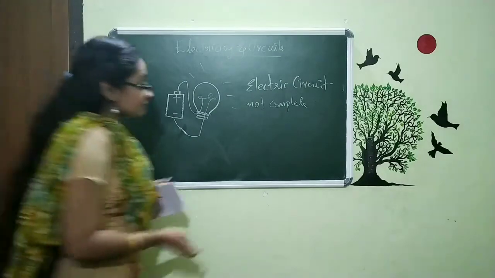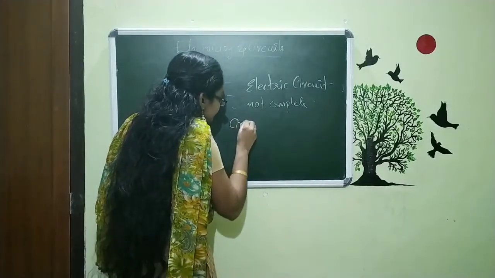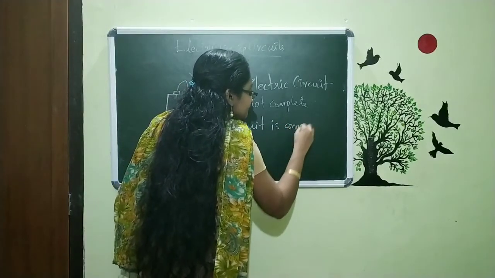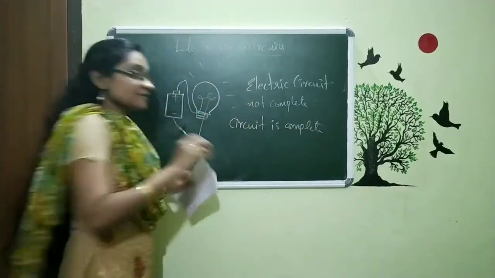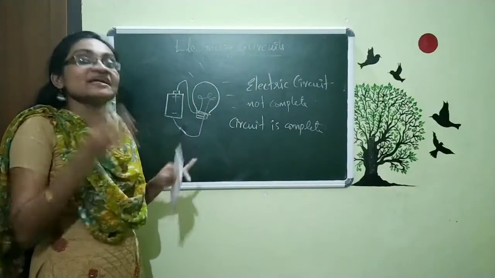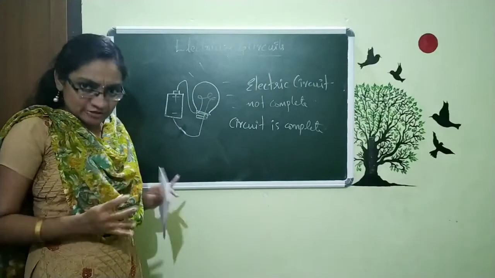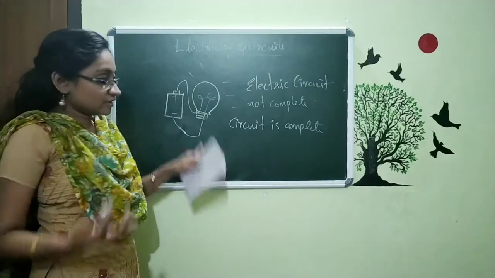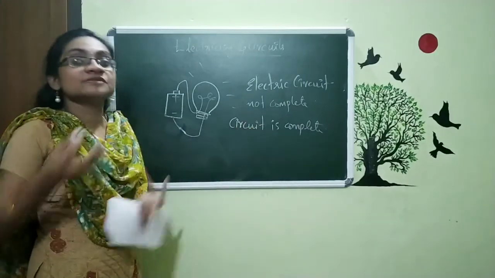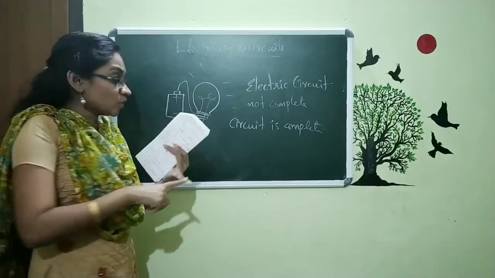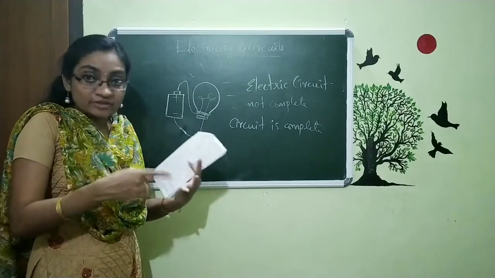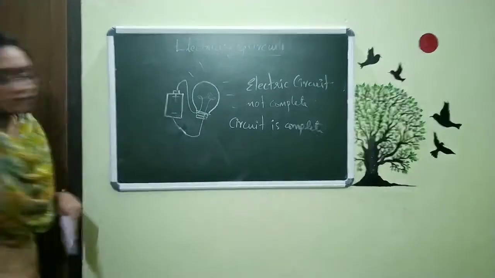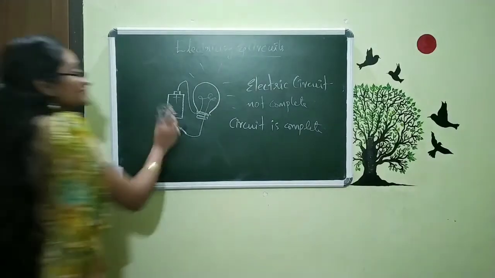That means if the circuit is complete, meaning there is no gap within our wires or within our circuit, then the device will work. The bulb will glow, or the mixer grinder will work, or the music player will play, like that. So first we are going to study the definition of electric circuit.